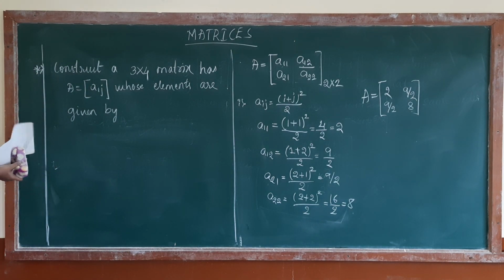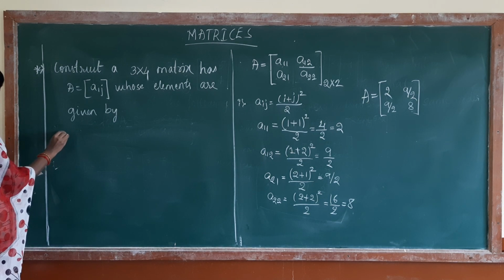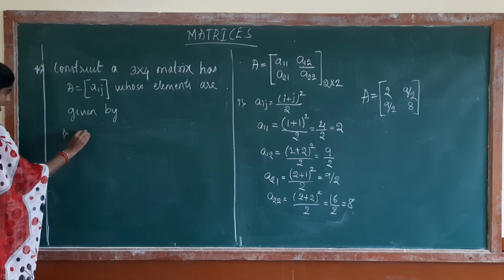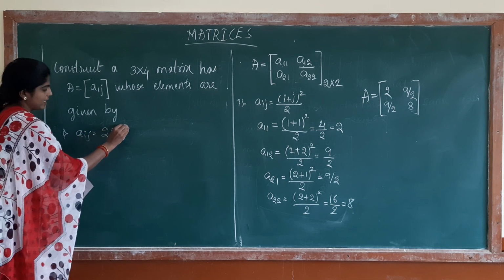The condition is, first one, Aij equal to 2i minus j.